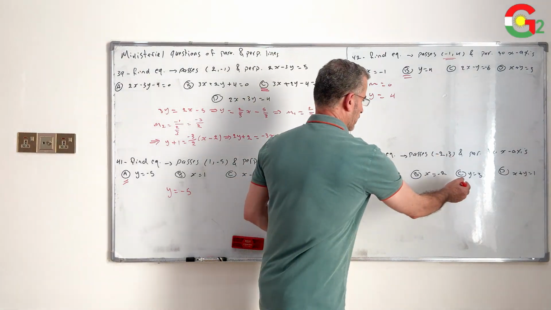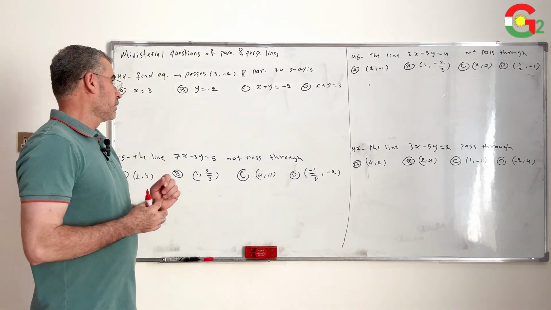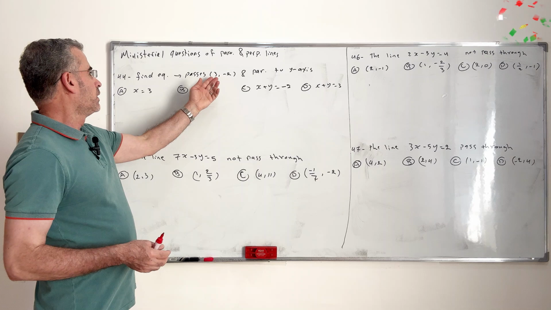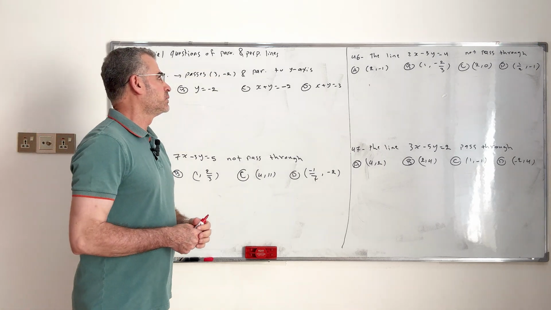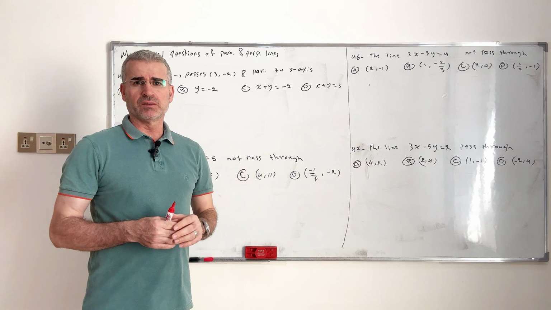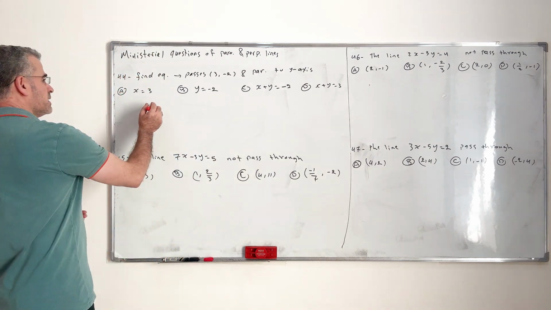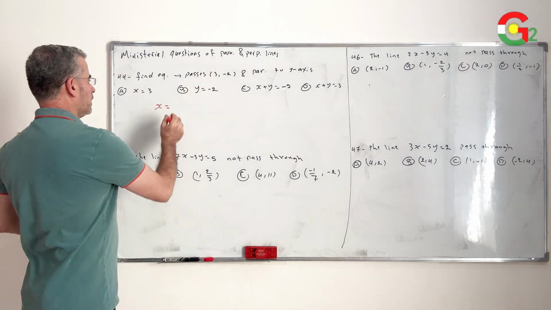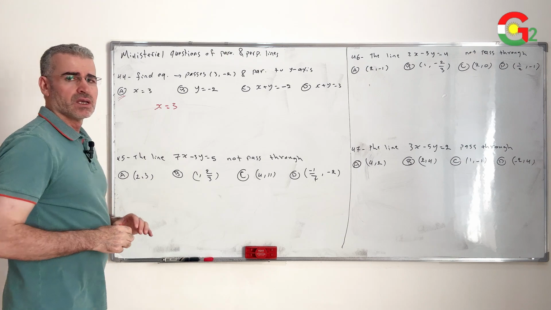Choice number C. Question number 44. Find the equation of the line that passes through the point (3, -2) and is parallel to the y-axis. Parallel to the y-axis, it is perpendicular to the x-axis. It is x = a number, x = the x coordinate in the point. It is choice A.